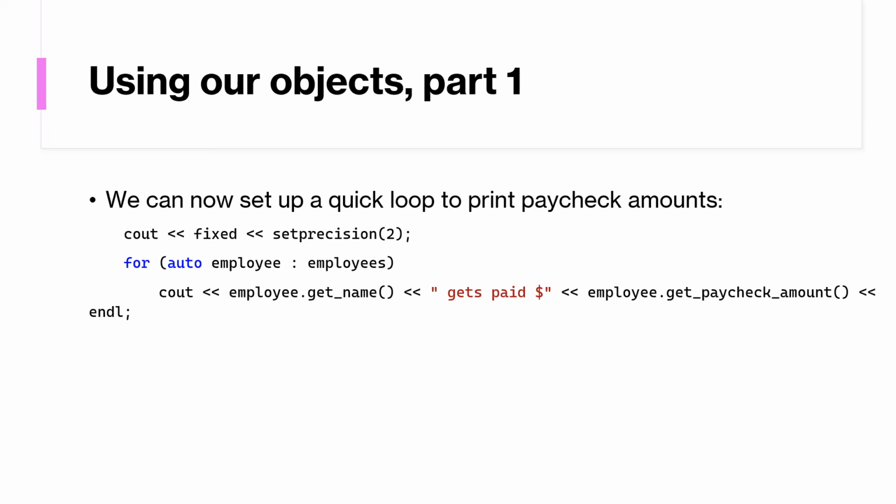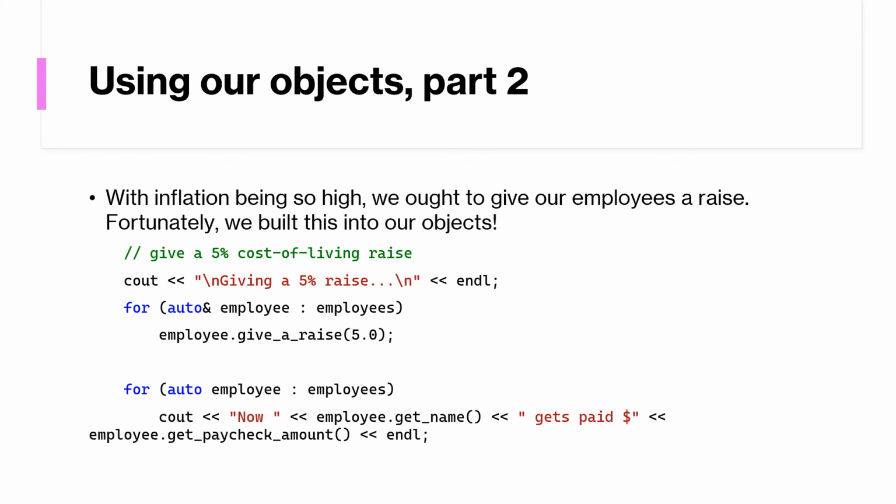We just do a little for loop for auto employee and employees, cout employee.getName, employee.getPaycheckAmount. Now, with inflation being so high lately, we ought to really give our employees a raise. Fortunately, we built this into our objects.